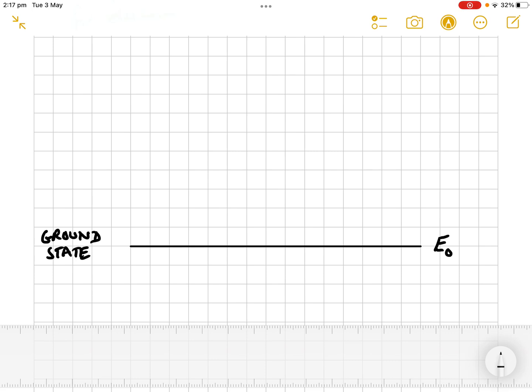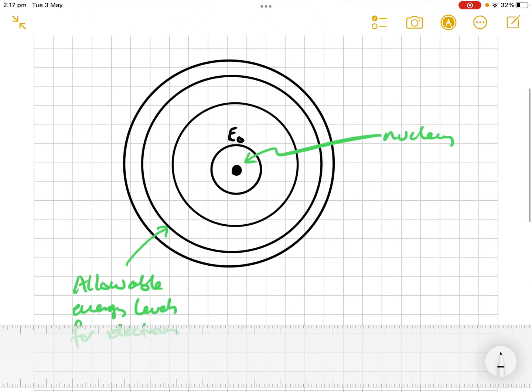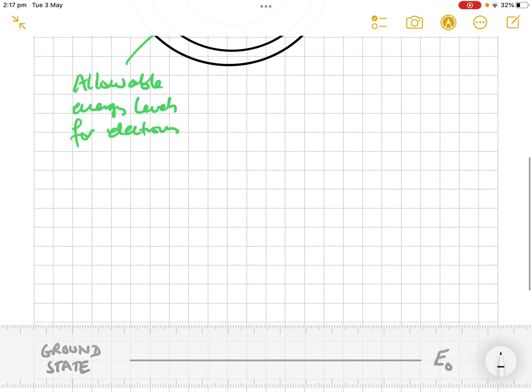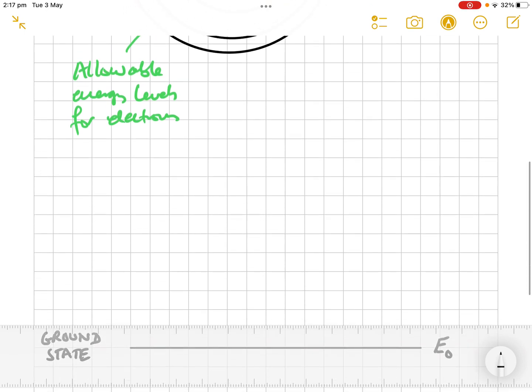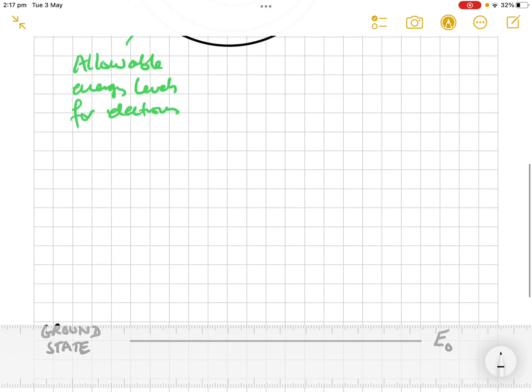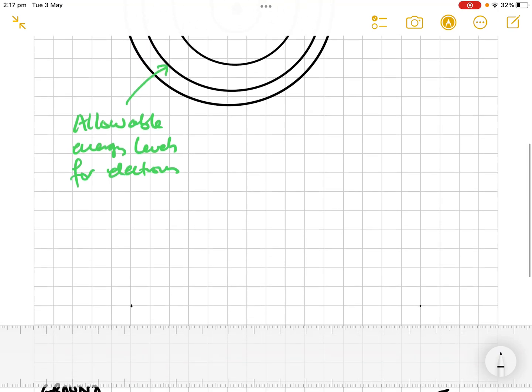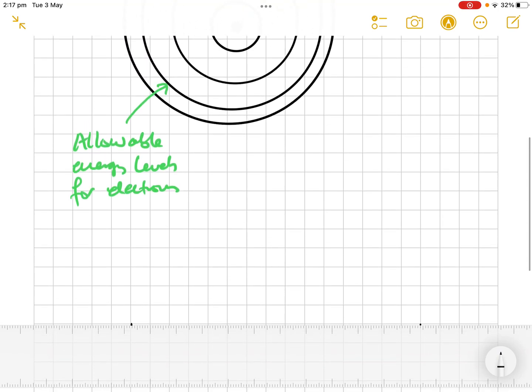But it's possible, if you give the electron energy, to get it to go up to a higher level. So, for example, up to what's called the first excited state, or E1. Now, in our flat diagram, we'll draw E1 maybe there between those 2 points.